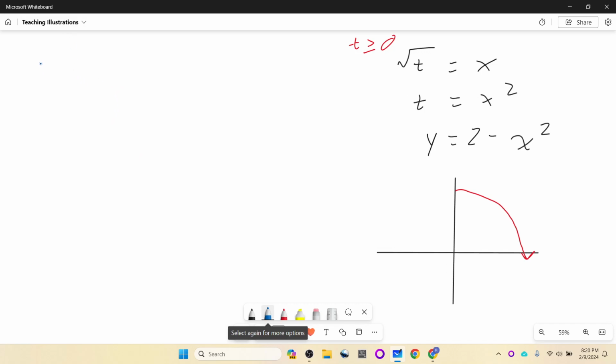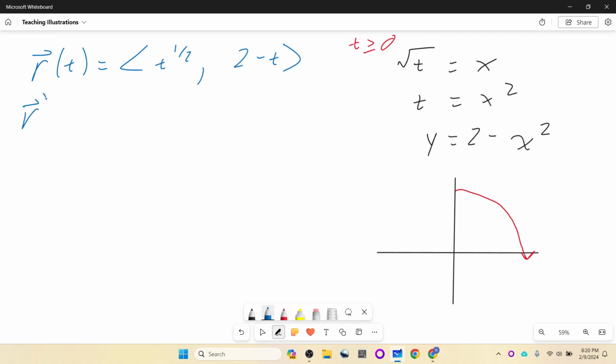So anyway, let's focus on the r. Let's use the space curve formula. All right, so r prime would be 1/2 t to the negative 1/2, comma, negative 1.